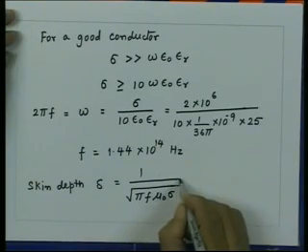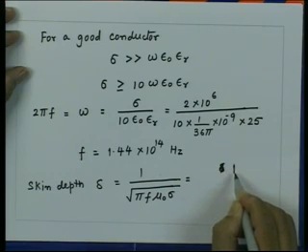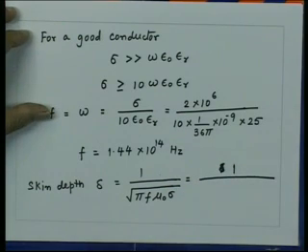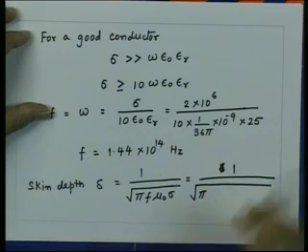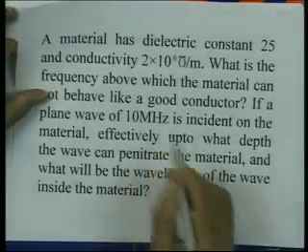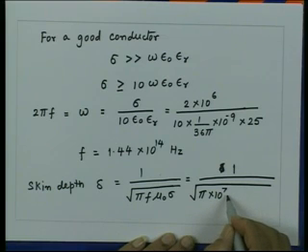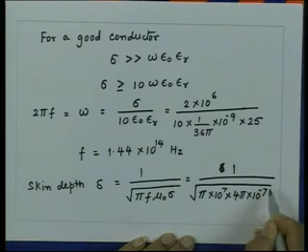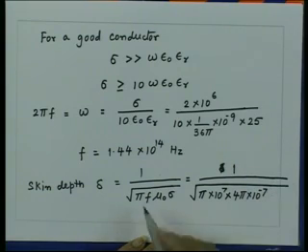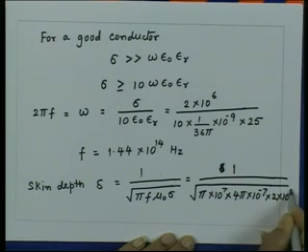So, substituting now for these quantities, delta is equal to 1 upon square root of pi, the frequency is 10 megahertz, which is 10 to the power 7 hertz, into mu 0, which is 4 pi 10 to the power minus 7, into sigma, which is conductivity, which is 2 into 10 to the power 6.